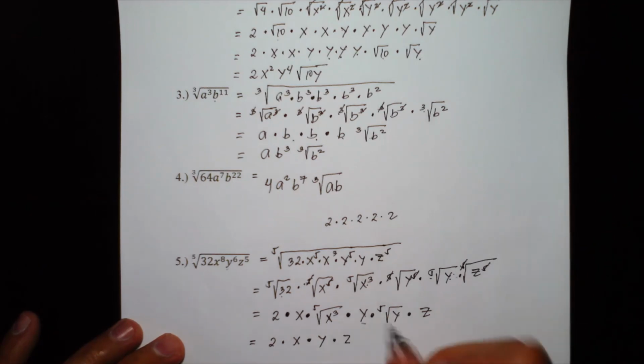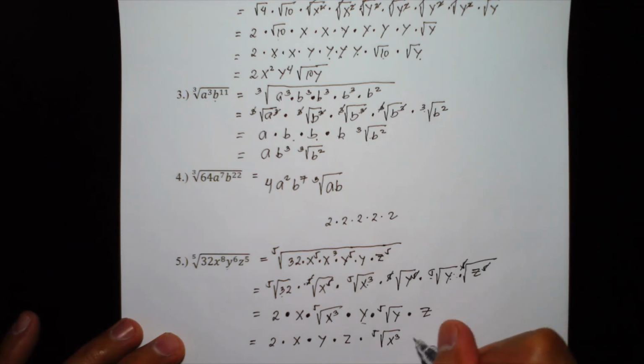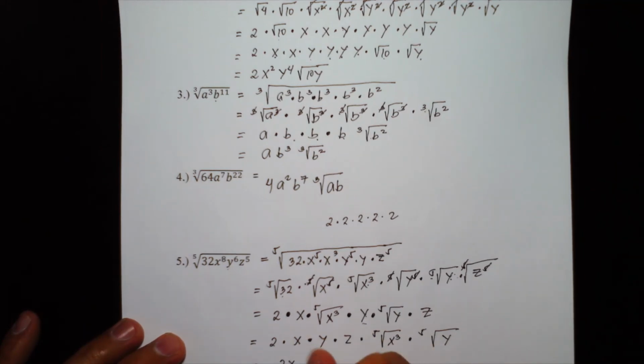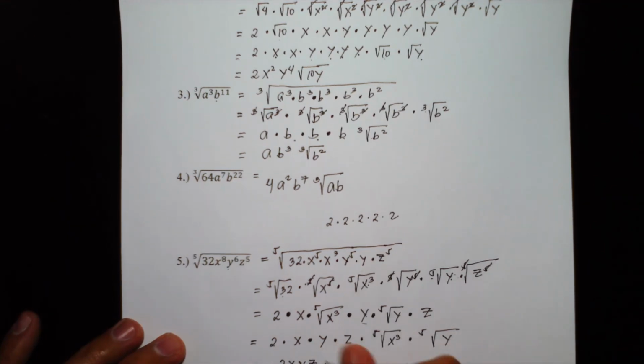Then multiplied by those that have a fifth root: fifth root of x cubed and fifth root of y. Let's multiply. 2 times x times y times z, that will be 2xyz. Then multiplied by these two.